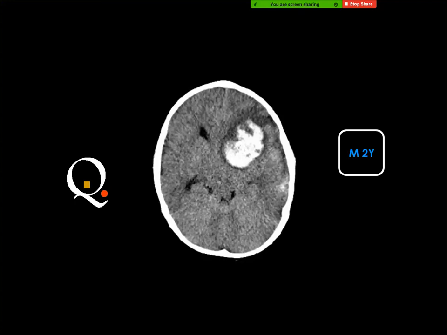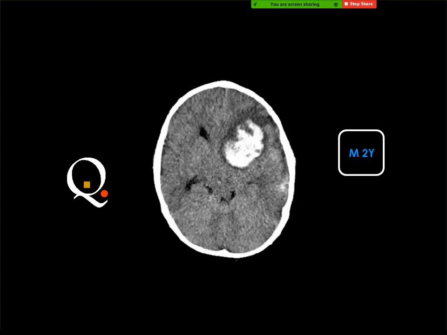Either the patient had some sort of coagulopathy and is bleeding, like thrombocytopenia, hemophilia and others. Number two, there is an underlying arteriovenous malformation. Number three, there is an underlying tumor.